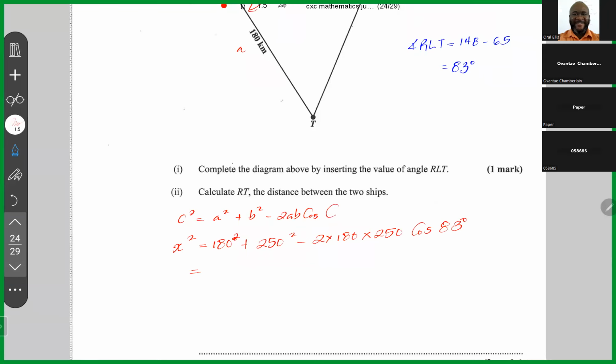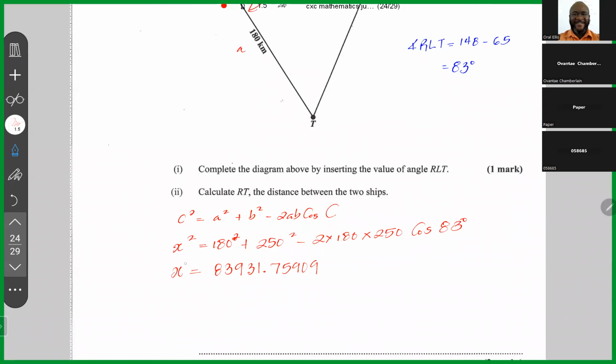If I put everything in my calculator and press equal, I'm going to end up with 83,931.75909.